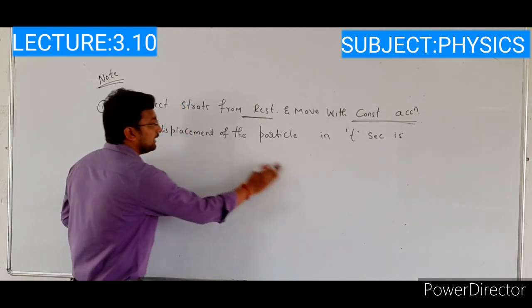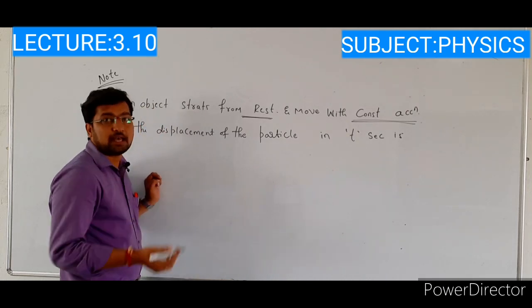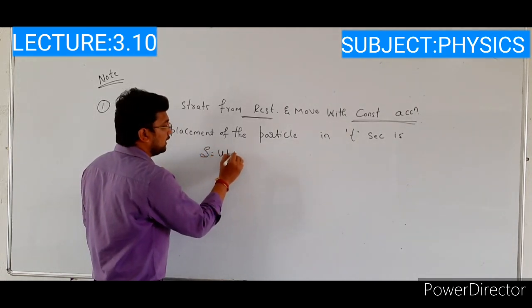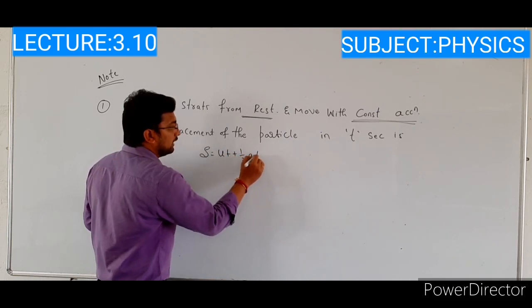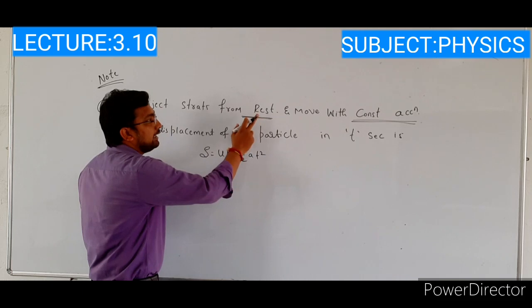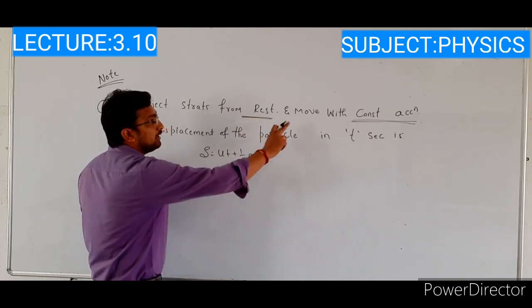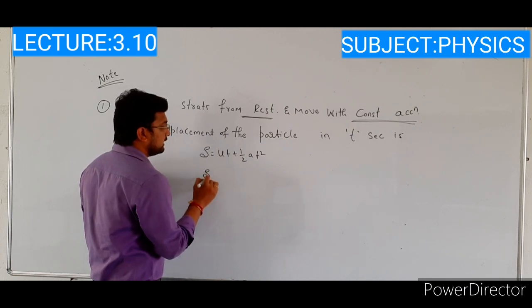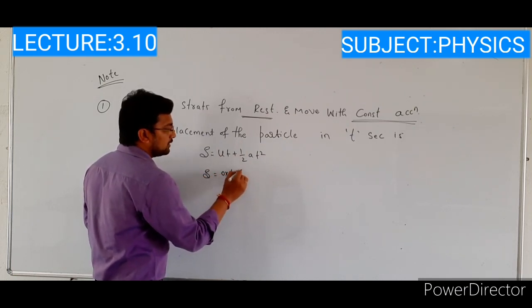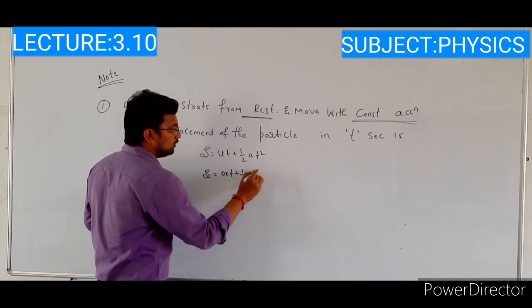So already we know the relation, that is s equal to ut plus half at square. Here the body starts from rest, means initial velocity of an object is 0, right? And constant acceleration. So then s is equal to 0 into t plus 1 by 2a into t square.